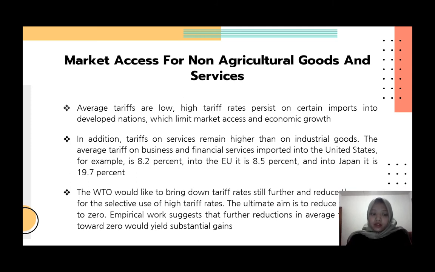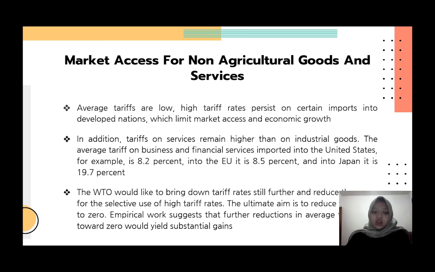Bound tariff rates are the highest rate that can be charged, which is often but not always the rate charged. In contrast, the bound tariff rates on imports of transportation equipment into the United States, European Union, and Japan are 2.7%, 4.8%, and 0%.